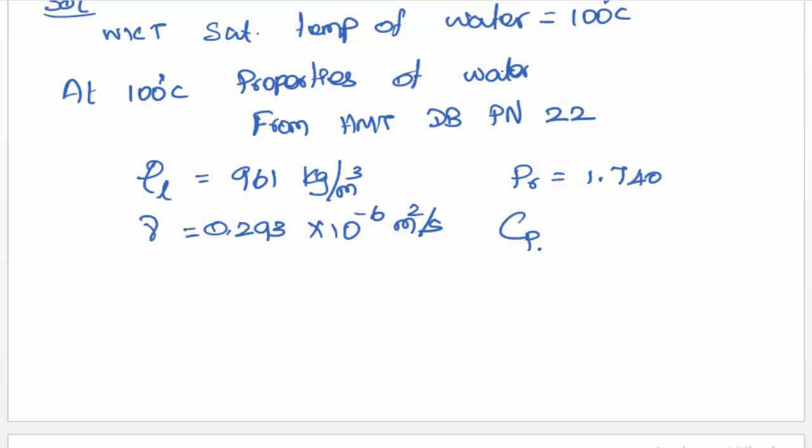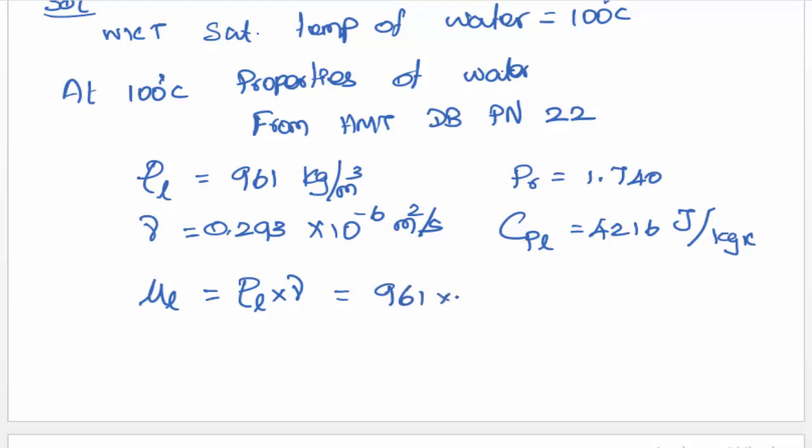The specific heat of the liquid equal to 4216 joules per kilogram Kelvin. Then from here you can find out the dynamic viscosity mu L. So mu L is nothing but your rho L into nu. You know the formula, nu equal to mu by rho. So here I am rearranging the equation to find out the dynamic viscosity, and substituting the values: 961 into nu value is 0.293 into 10 to the power minus 6.